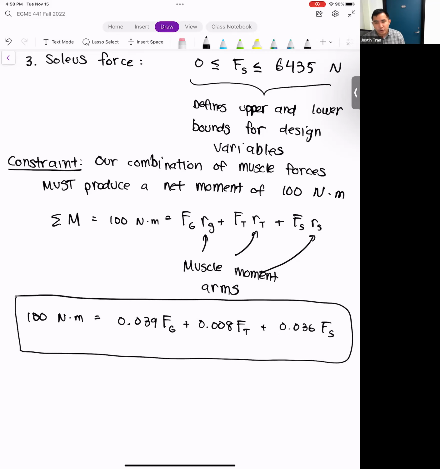We have 0.036 multiplied by Fs, where that 0.036 represents the 3.6 centimeter moment arm for the soleus muscle. Okay. And so no matter what values that we solve for Fg, Ft, and Fs, this equation must always be satisfied. Okay.